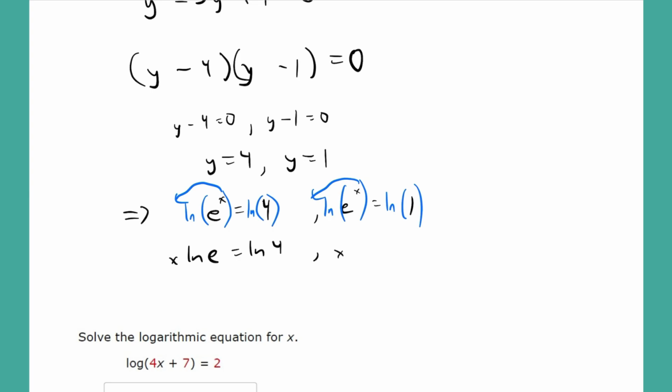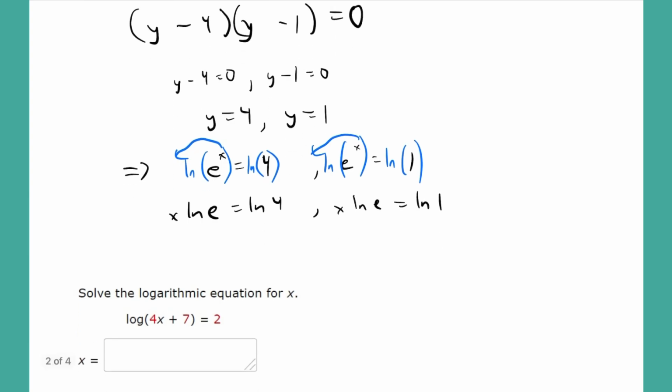Here we have x natural log of e equals natural log of 1. And remember what happens here. This becomes 1. And so now we simply have x equals natural log of 4 and x equals natural log of 1. Well, the natural log of 1, let's see what that is. Should be 0. It is 0.